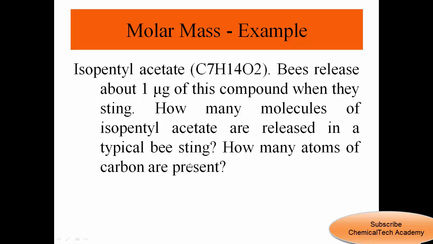Next example, isopentyl acetate, C7H14O2. Bees release about 1 microgram of this compound when they sting. How many molecules of isopentyl acetate are released in a typical bee sting? How many atoms of carbon are present? So let's do the molar mass first. We have 7 carbon, 14 hydrogen, and 2 oxygen.